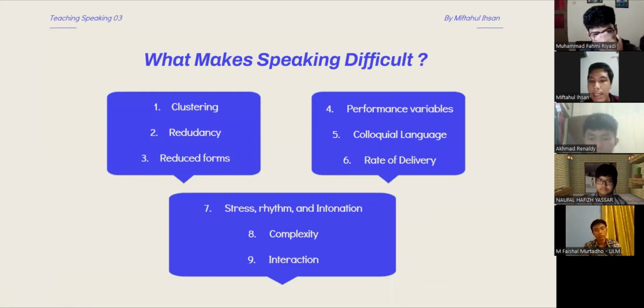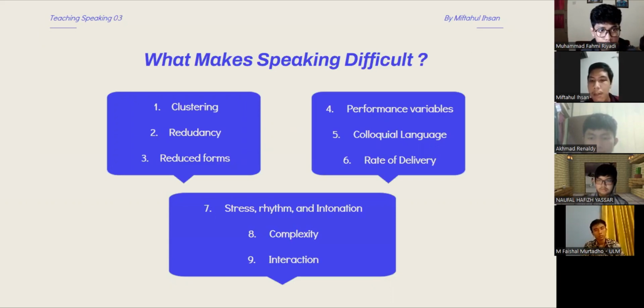Another salient characteristic of fluency is rate of delivery. One of your tasks in teaching spoken English is to help learners achieve an acceptable speed along with other attributes of fluency. The seventh, stress, rhythm, and intonation.